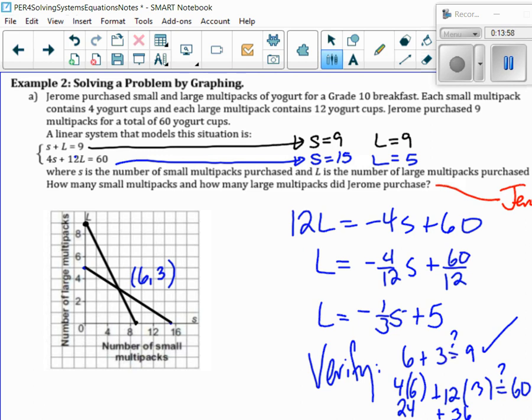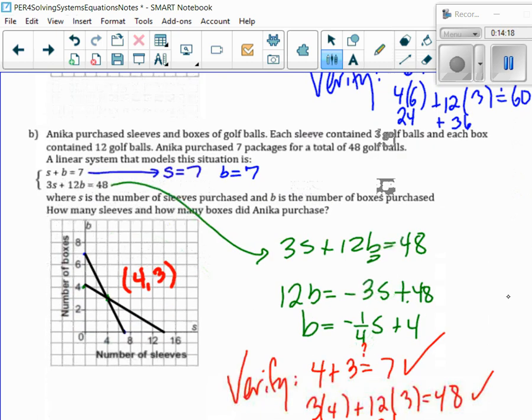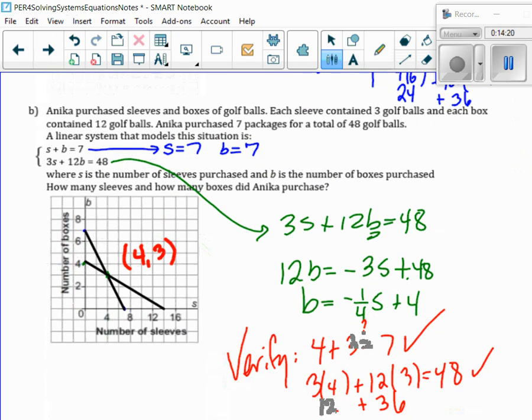So Jerome purchased what? What did he purchase? 6 what? Small and 3 large multi-packs. Okay, and so then if I go down to here, how many sleeves and how many boxes did Annika purchase?